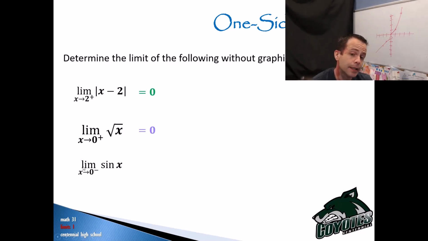And the limit of sine of x as x approaches 0 from the left is 0. Sine of 0 is 0, right? Okay, in all of these guys, you could just plug it in. But there will be opportunities where you can't plug it in because you get a non-permissible value, and that's where you'd have to go, okay, well, let's try 1.9 and 1.99 or whatever, okay?